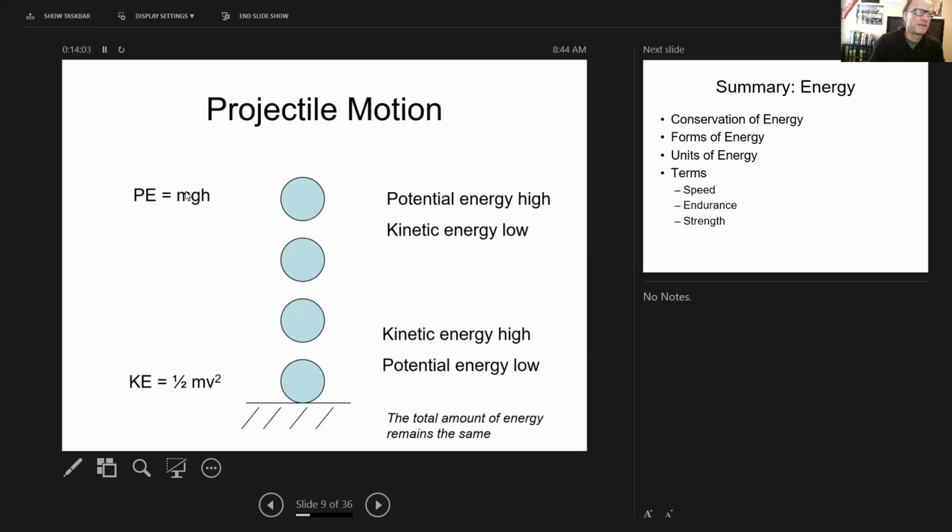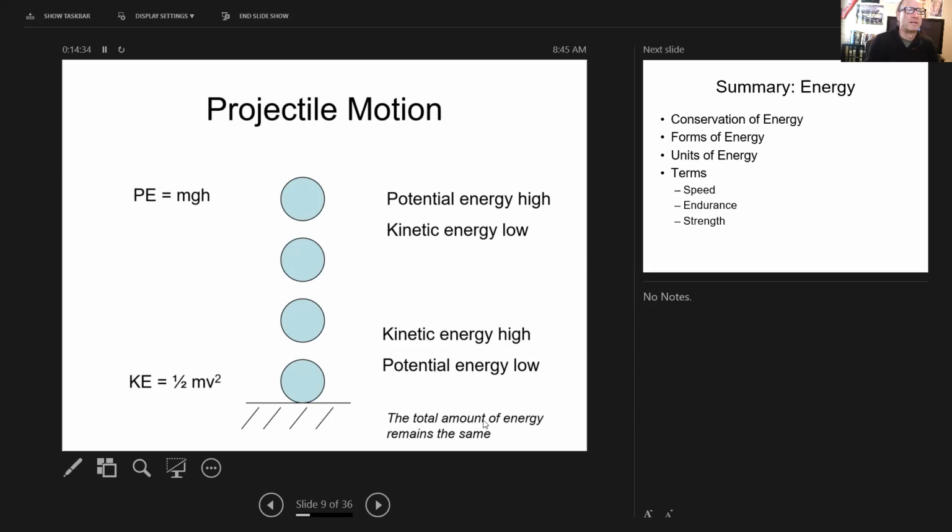At the moment where the object is dropped, the initial velocity is zero, so there's no kinetic energy, lots of potential energy. As it moves downward, the potential energy decreases and the kinetic energy increases. The total amount of energy remains the same in the system. That's conservation of energy. And that's just using mechanical energy as an example versus my other example of chemical and mechanical energy.